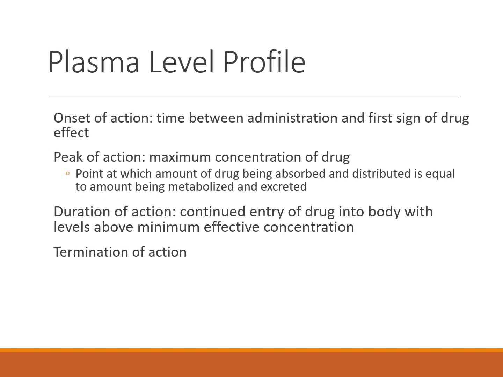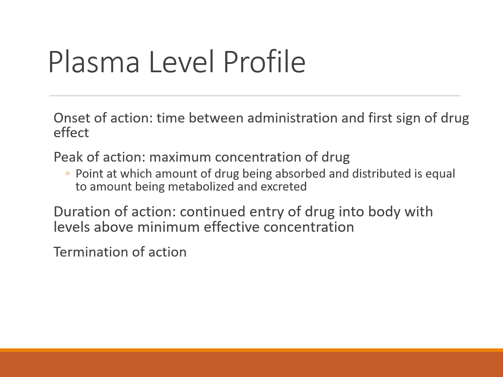Plasma level profile. This is the onset of action, the time between when you gave the drug and the first sign of the drug's effect. Ibuprofen, again, is a good example: at 45 minutes you should see something, and at an hour and a half you should see the peak of its effect, the maximum concentration of the drug in the blood, the point at which the amount being absorbed and distributed is equal to the amount being metabolized and excreted.